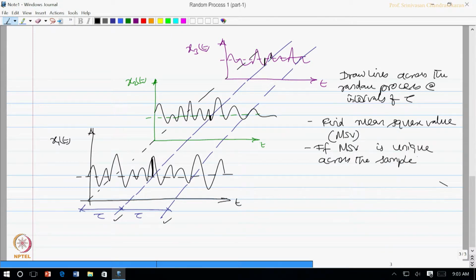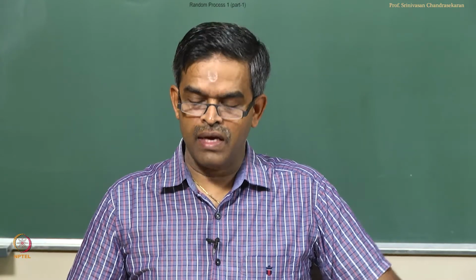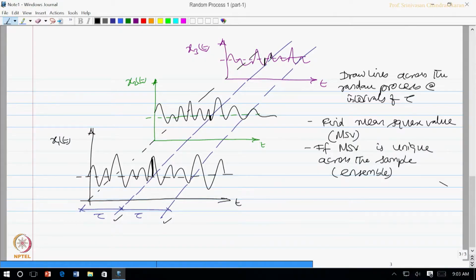Now, we have a specific name for the sample in stochastic process. We call this sample as ensemble. Ensemble is actually a qualified sample for doing statistical analysis. If the mean square value is unique across the sample, then the process is called stationary process.